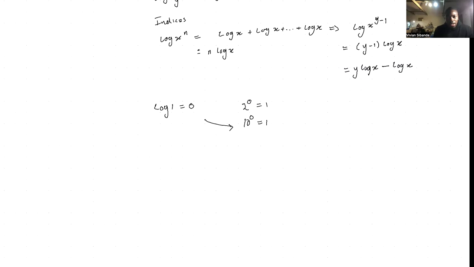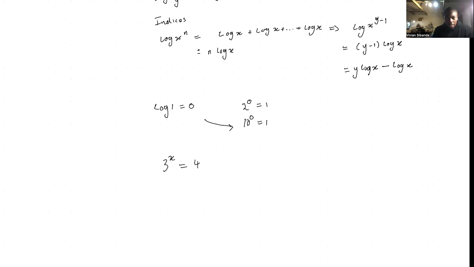Now let's do questions involving logarithms. Let's say you have 3^x equates to 4. There are 2 ways to solve it. You can apply log on both sides.